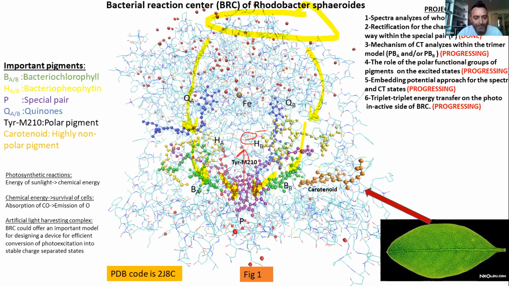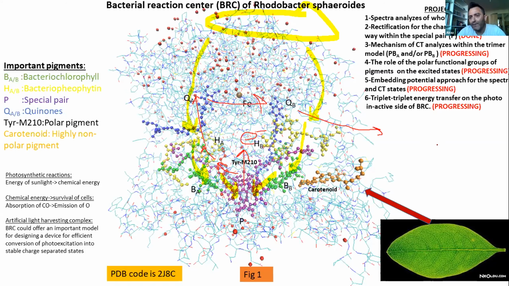So the electron goes again to the BA, then HA, then the QA pigment, and this goes to the QB, and finally it goes to the other part of the cells, and then the electron is used by other environments to absorb carbon dioxide and finally release the oxygen.